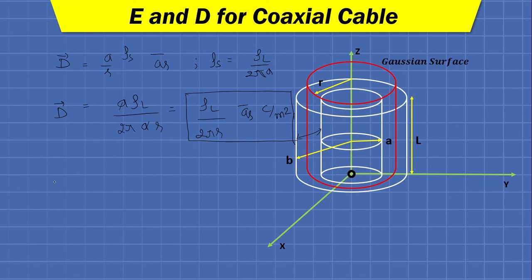Fine. And from this formula we can use the relationship E bar equals D bar divided by epsilon 0. So we will have the field intensity as rho L upon 2 pi epsilon naught into r in the direction of the radius, obviously in Newton per coulomb or volt per meter.